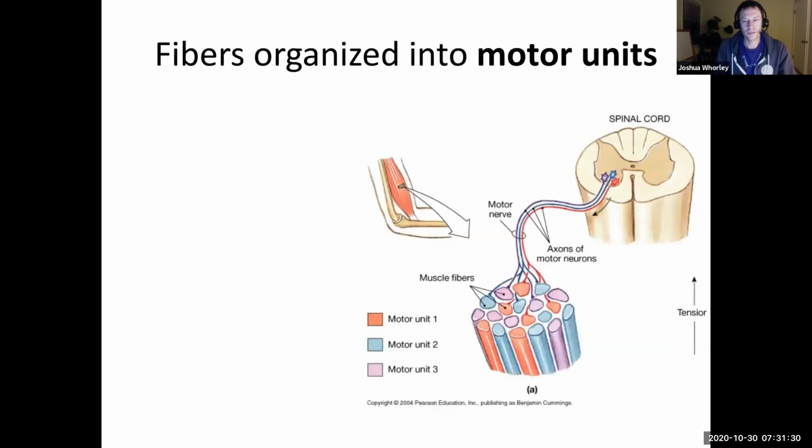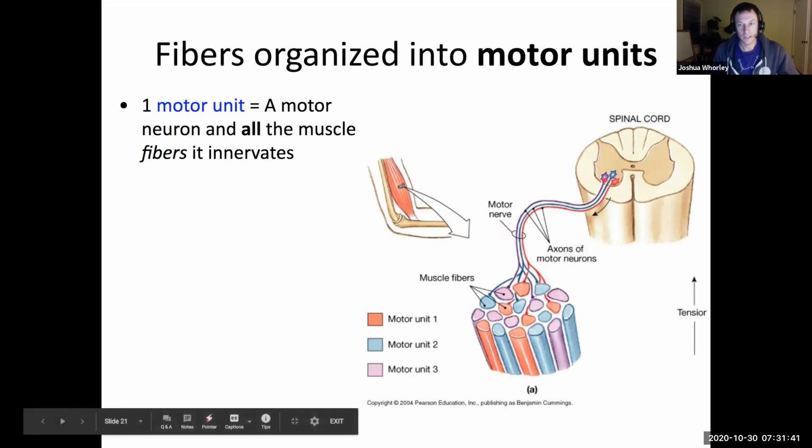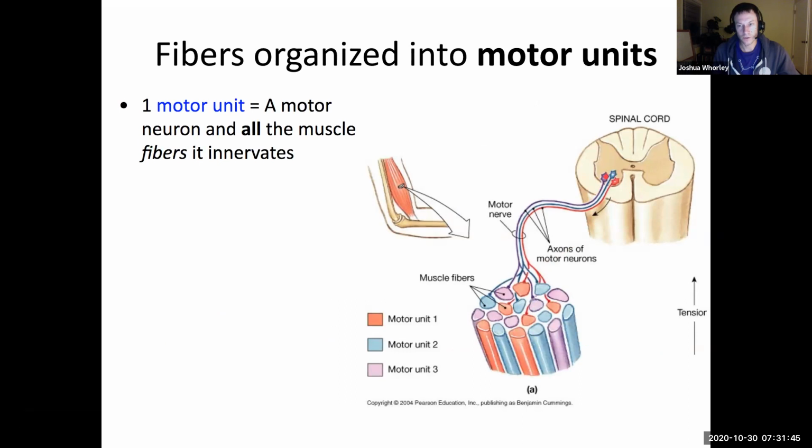Okay, so I just want to show you that. So here are our motor units, and this is a little visual or diagram of what I explained. A motor unit is one motor neuron and all the muscle fibers that it contacts. So here, these purple or blue or red, whichever one you want to follow, you'll see this is a single motor neuron. This is a cross section of a spinal cord, right? And this will become important in a few weeks when we talk about the nervous system.